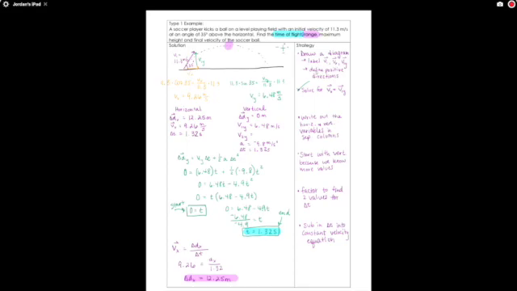I'm going to go ahead and use the half of time. Okay, so if I have our time, which is 1.32 seconds, divided by 2, I'm going to get a time of 0.66 seconds.